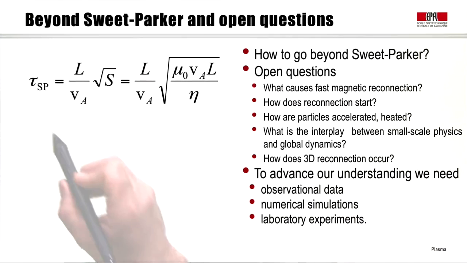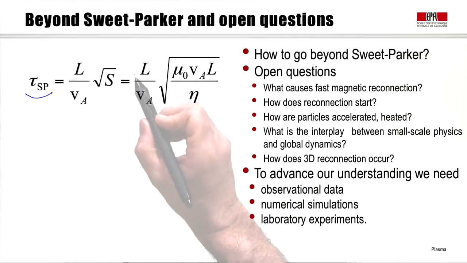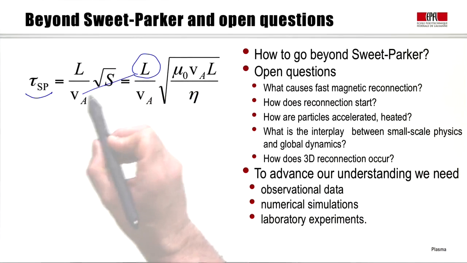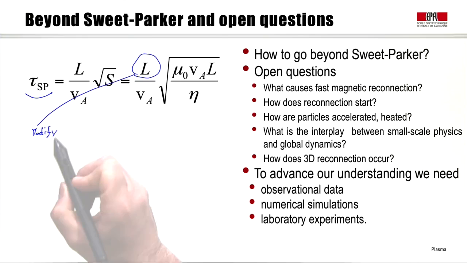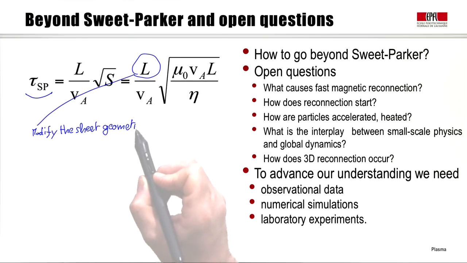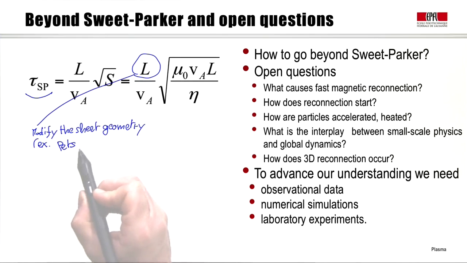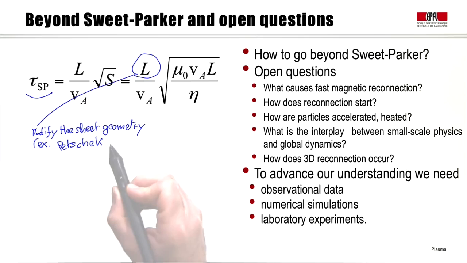How can we go beyond Sweet-Parker? If we want to decrease the reconnection time, we can, for example, act on the sheet thickness by modifying the sheet geometry. One example is the Petschek model for magnetic reconnection.